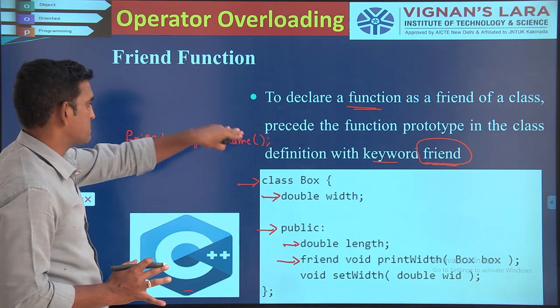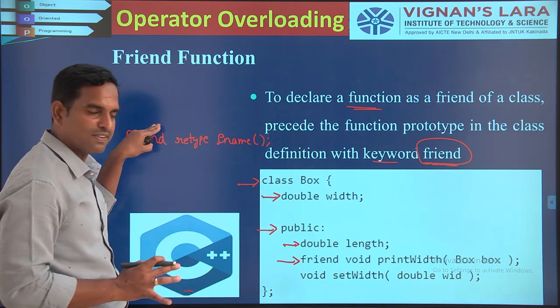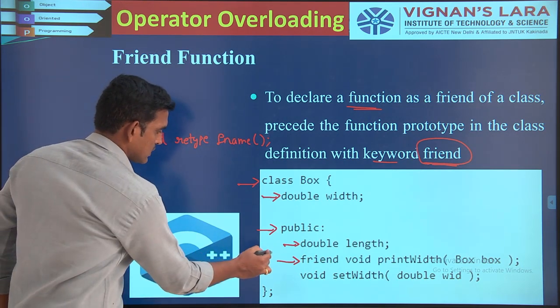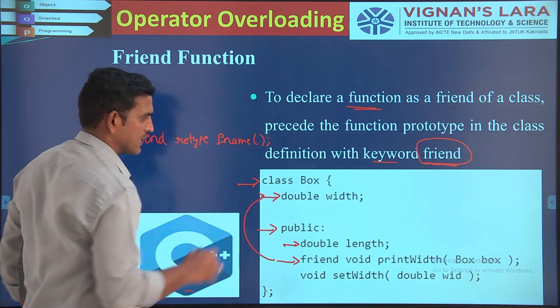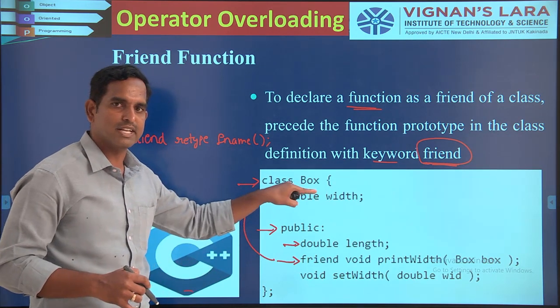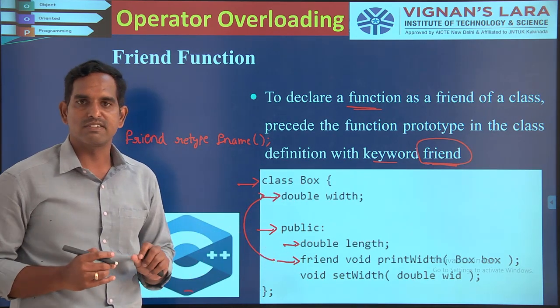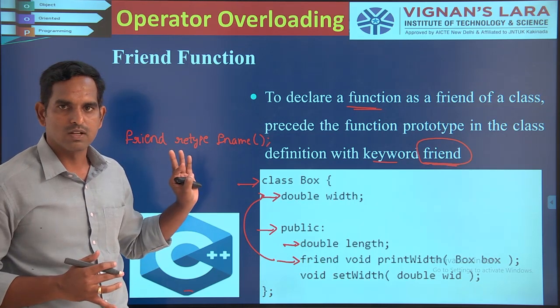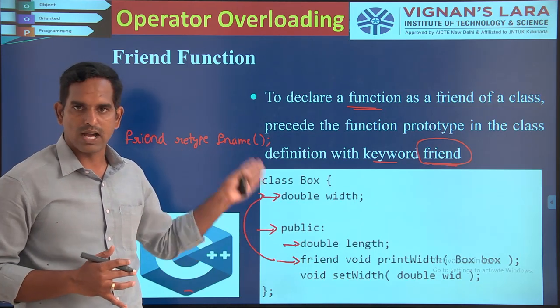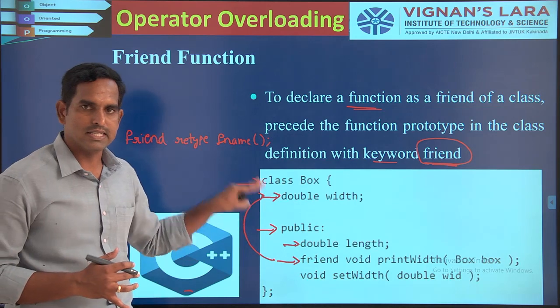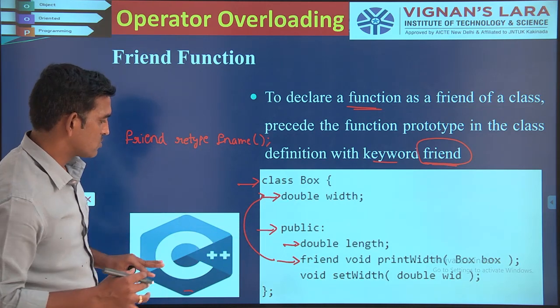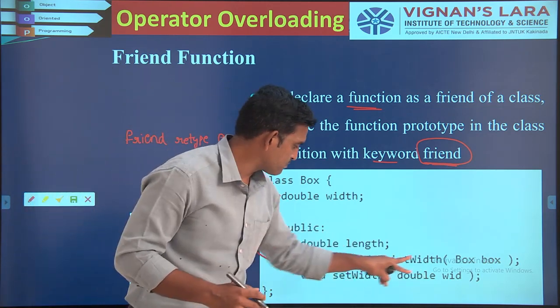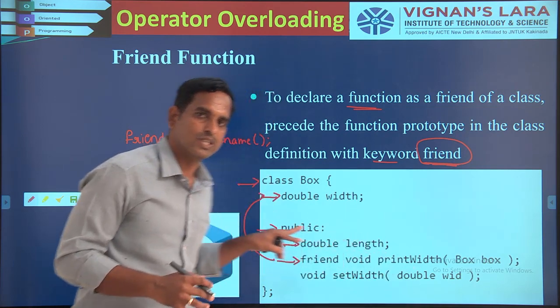When I declare this function as a friend function, it can access both the private variables as well as the protected variables of your class. It will have the properties to access everything present in the class. So this is how you declare a friend function inside your class.